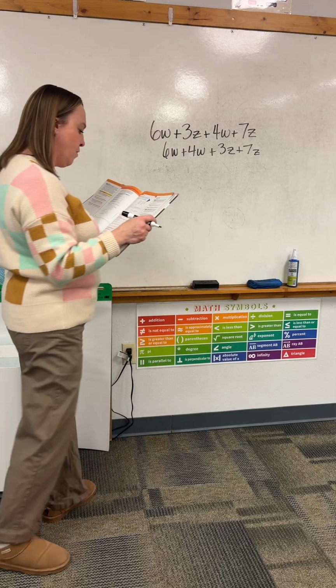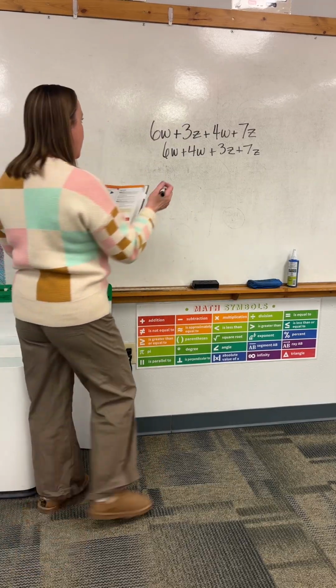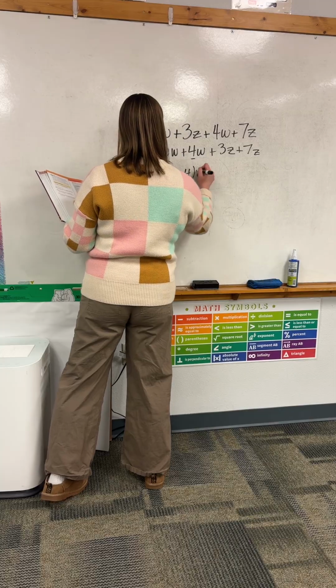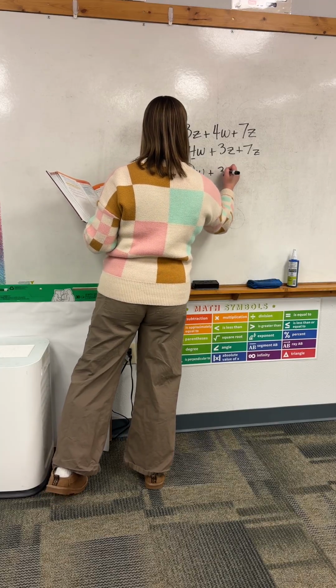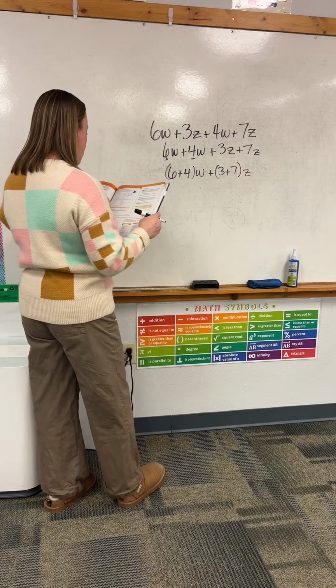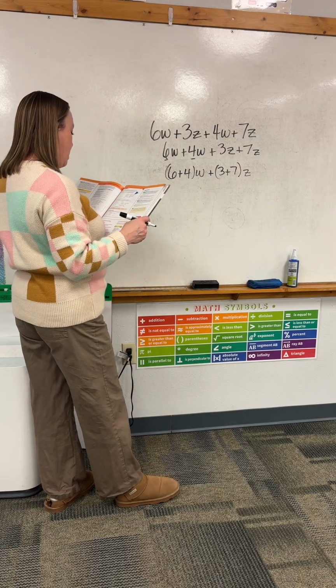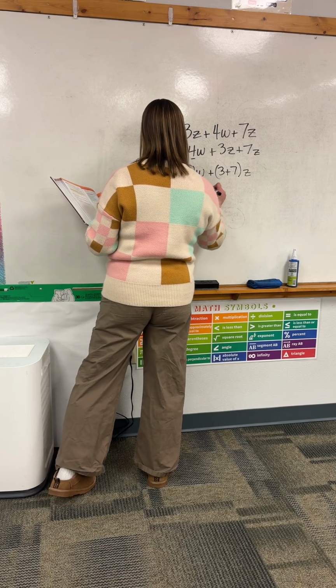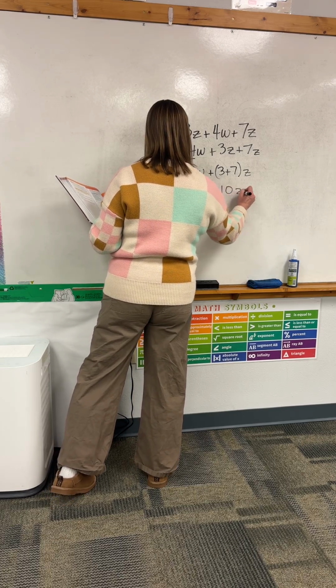So we've done the commutative property of addition. Now we're going to distribute these. So (6 plus 4) times w plus (3 plus 7) times z. When we do that, that's the distributive property. We're going to actually add inside the parentheses. We're going to say 10w plus 10z.